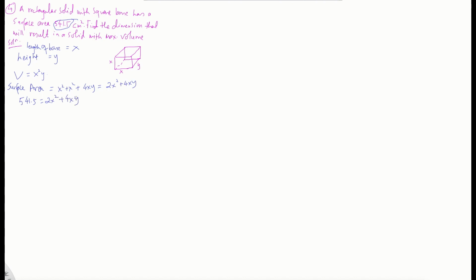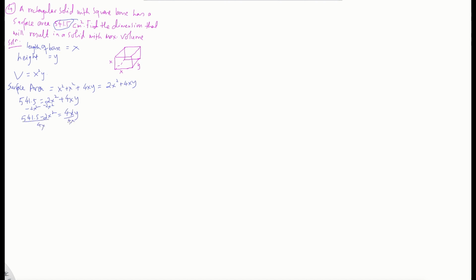I want to solve this for y, and use it in the volume. So let's subtract 2x squared. You will get 541.5 minus 2x squared equals 4xy, right? Now divide by 4x to solve for y.